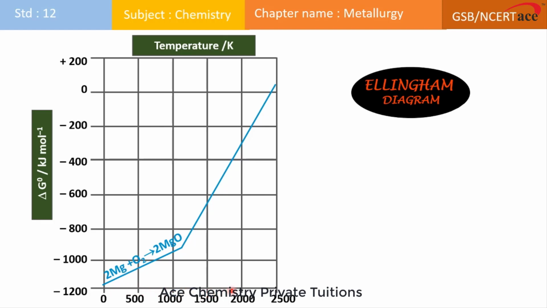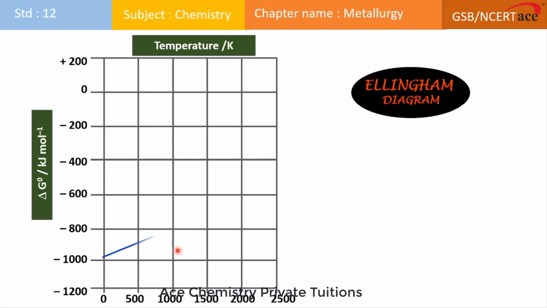As the temperature increases, the magnesium oxide graph of delta G goes up and the value becomes more positive. As the value becomes more positive, it indicates this formation is unstable or not feasible.